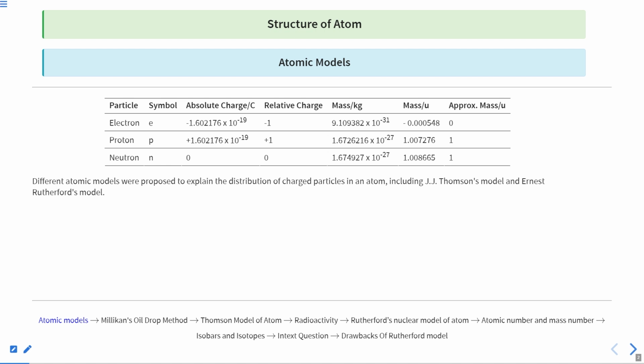But we didn't measure the charge. Here the charge is mentioned, and that charge was calculated by Millikan with his famous Millikan's oil drop experiment. So first we'll see that experiment, and it is very fascinating to see.